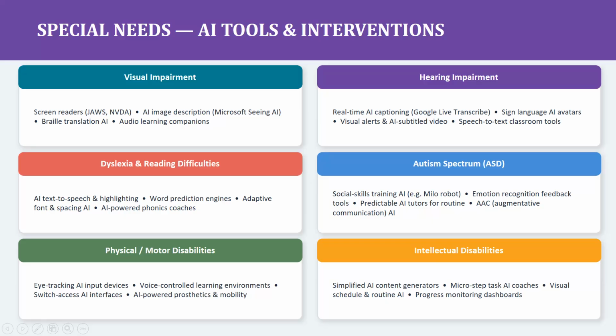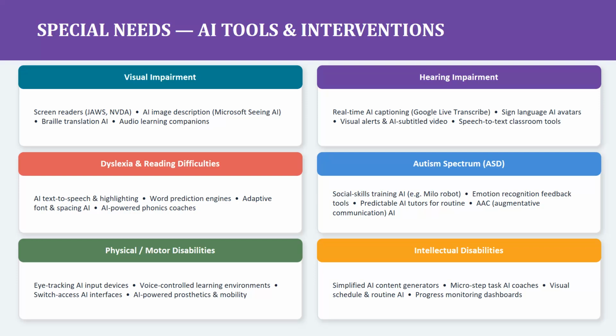We have the physical or the motor disabilities. So when we have this, then we talk about the eye tracking AI input devices. We have those ones which are able to work on that. Then we have the voice controlled learning environments.